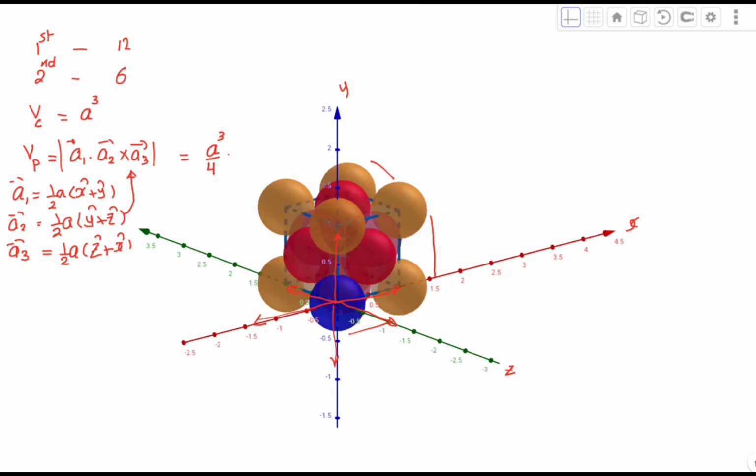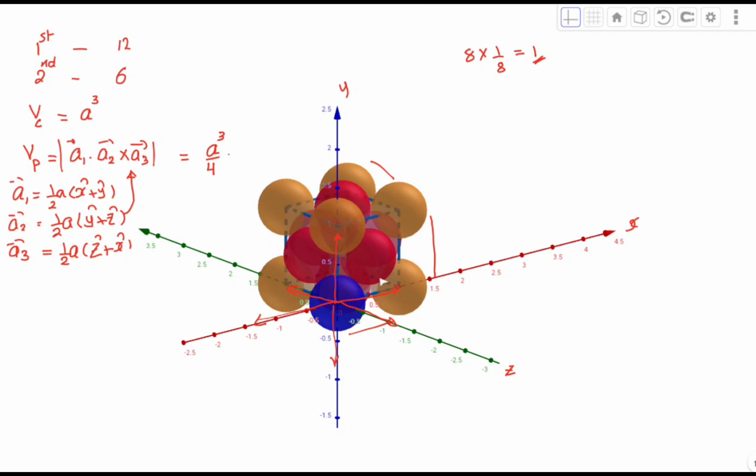Now let's find out the number of atoms used to build this cell right in here. We have 1 atom on each corner of the cube, so we have 8 corners in this case. Each atom contributes 1/8. So 8 atoms multiplied by 1 over 8 equal to 1. So 1 atom comes from the corners.